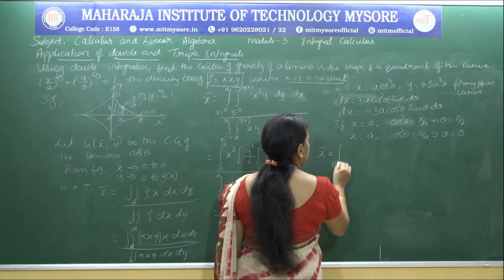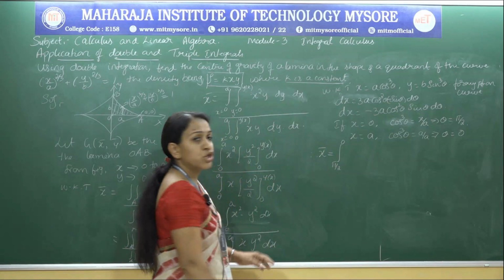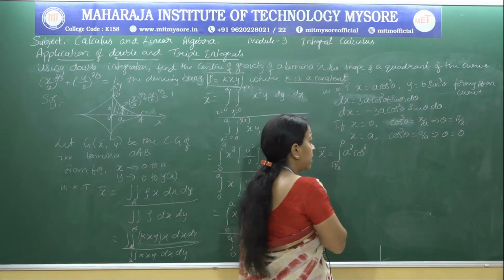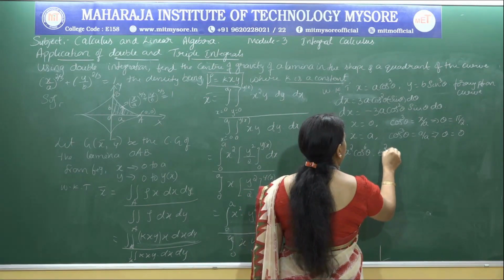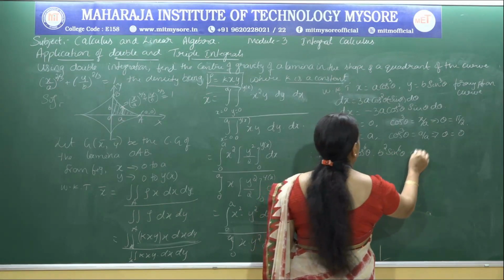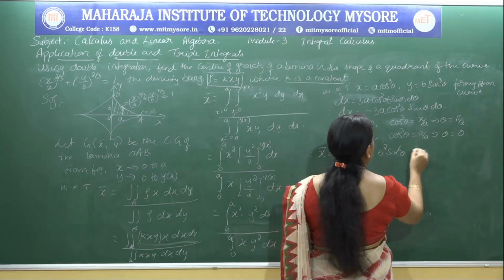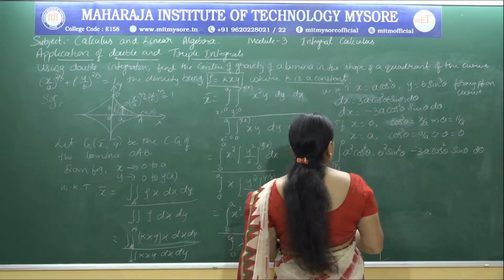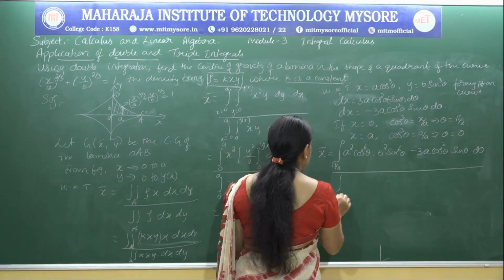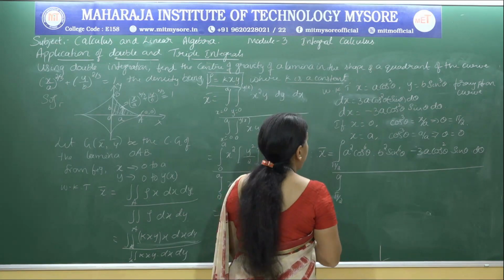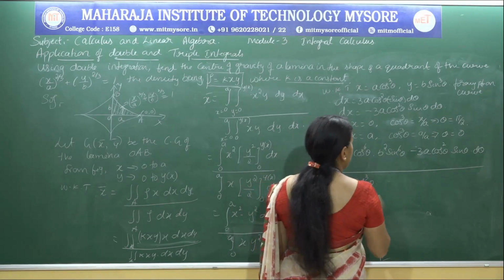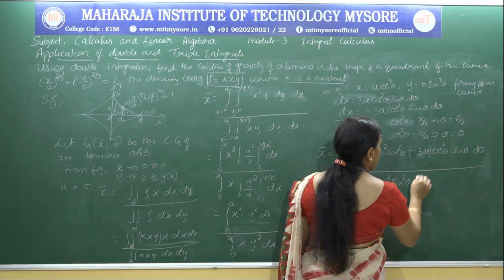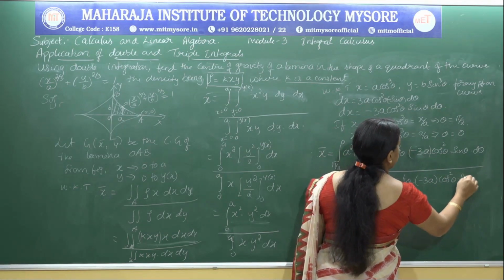That gives you the integral from pi by 2 to 0 of x square, which is a square cos to the power of 6 theta, into y square, which is b square sin to the power of 6 theta, into dx, which is minus 3a cos square theta into sin theta d theta, whole divided by the denominator, the integral from pi by 2 to 0 of x, which is a cos cube theta, and y square, which is b square sin to the power of 6 theta, and dx, which is minus 3a into cos square theta into sin theta d theta.